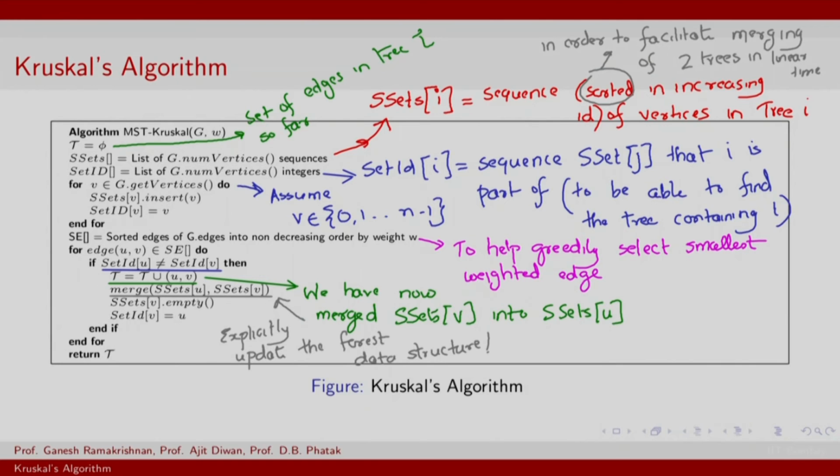Which means you also have to empty S sets V. So S sets V has been merged into U. So S sets U has been set to S sets U union S sets V. However, you merge them maintaining the sorted order.